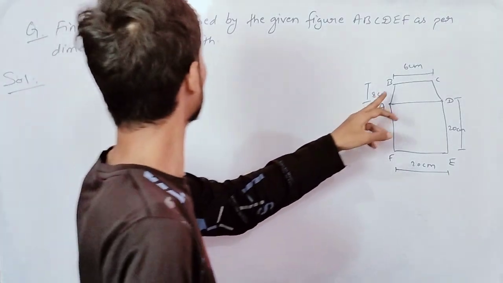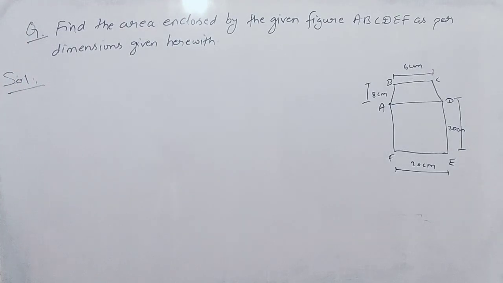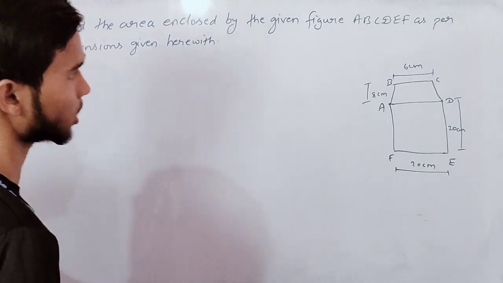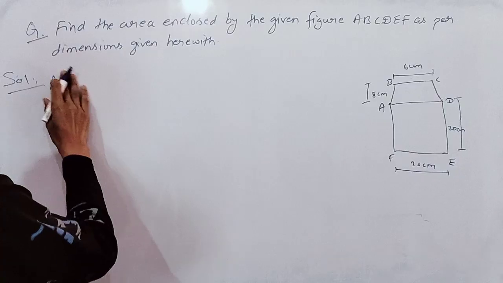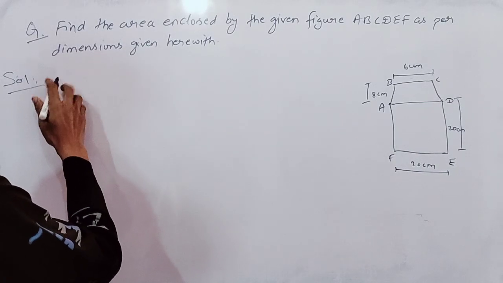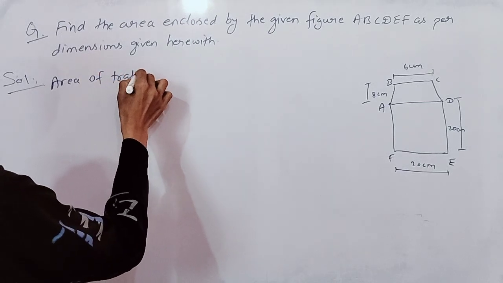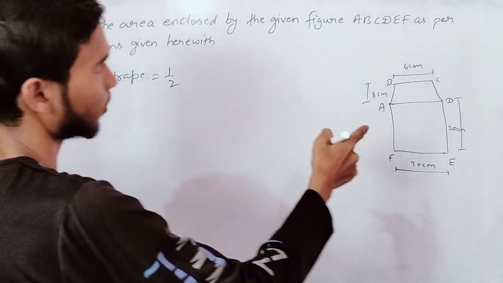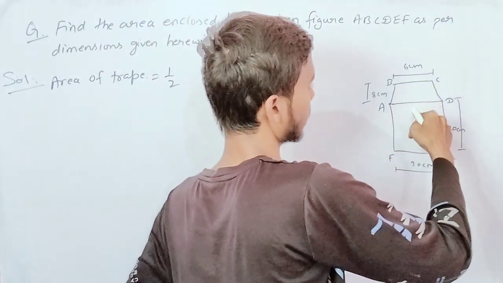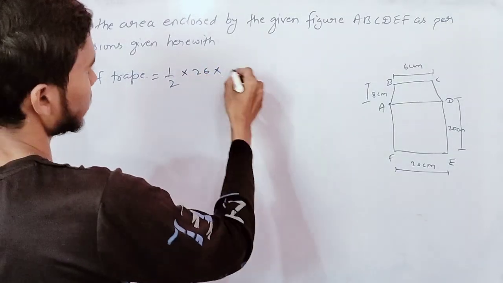We have to find the area of this and this. We have a combination of two shapes. One is a trapezium, second is a square. Here, area of trapezium would be 1 upon 2 multiplied by the sum of parallel sides 6 and 20, which is 26, multiplied by the height 8 centimeter.